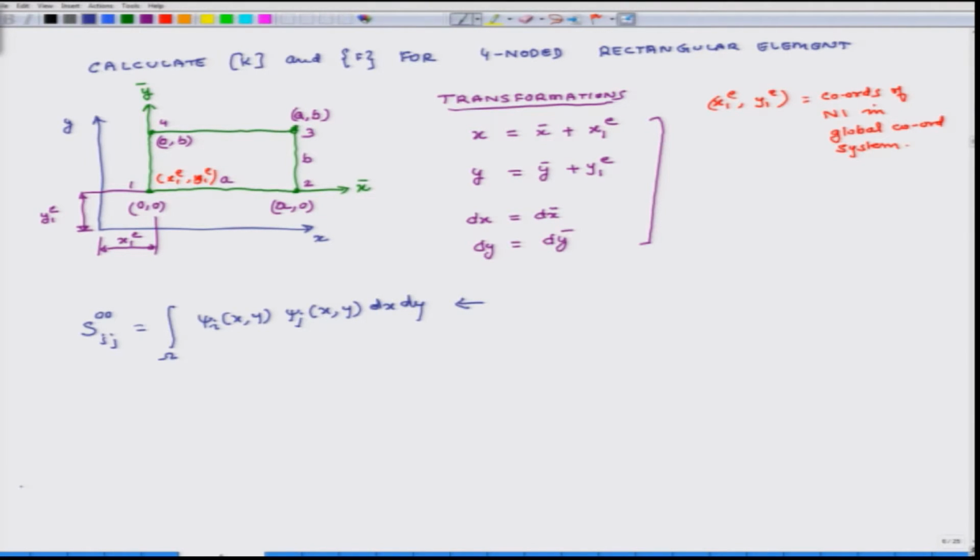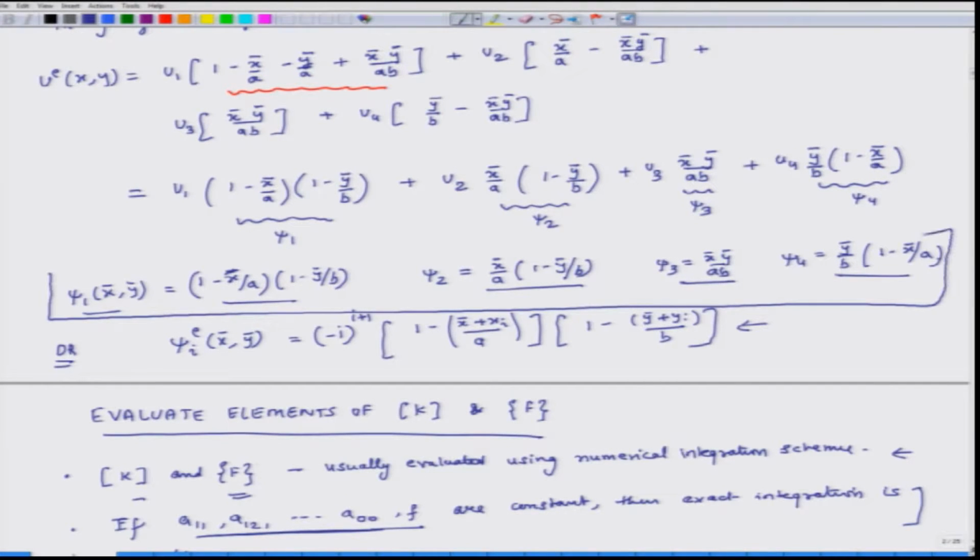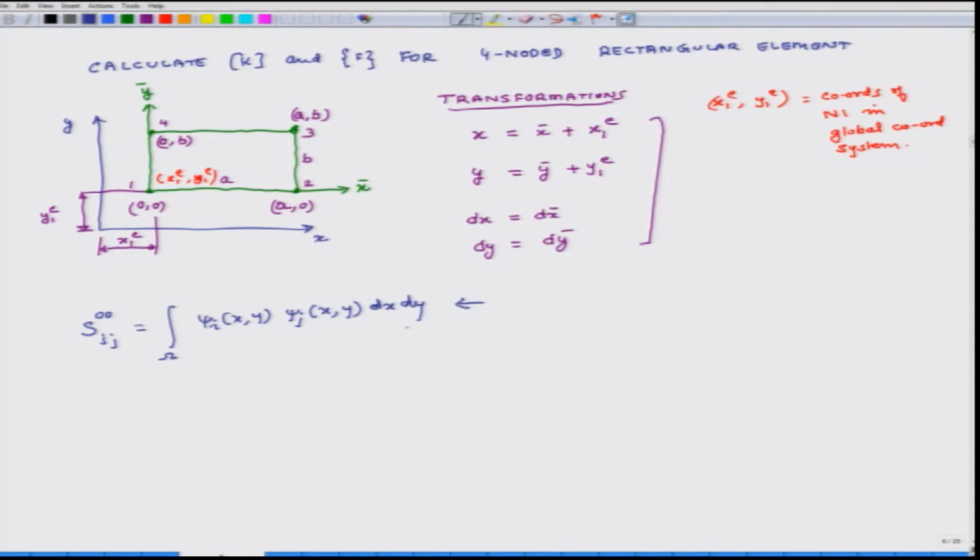But I have shape functions or interpolation functions in the local coordinate system, which we had developed earlier. See, these are the interpolation functions. We had developed our interpolation functions using the local coordinate system, but my expression for S is in the global coordinate system. So, if I have to use these approximation functions from the local coordinate system, then I have to transform dx into dx bar, and I also have to change the limits, right.